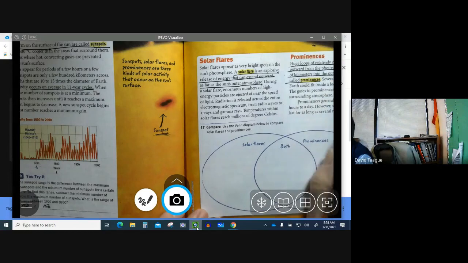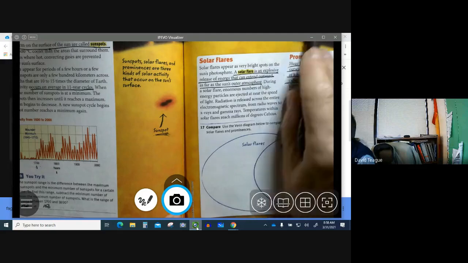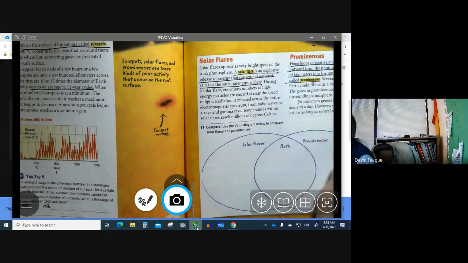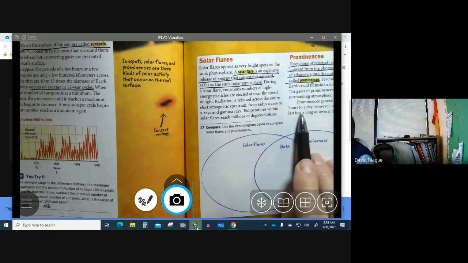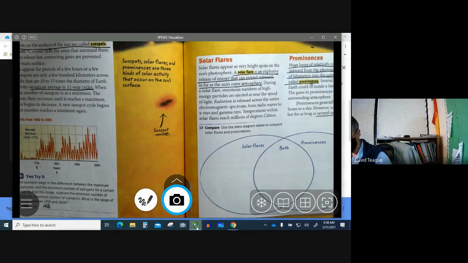Several objects the size of Earth could fit inside, so Earth could fit in that loop. The gases in prominences are cooler than the surrounding atmosphere. Prominences generally last from several hours to a day. However, some prominences can last for as long as several months. Wow. Okay, so then we got our Venn diagram.